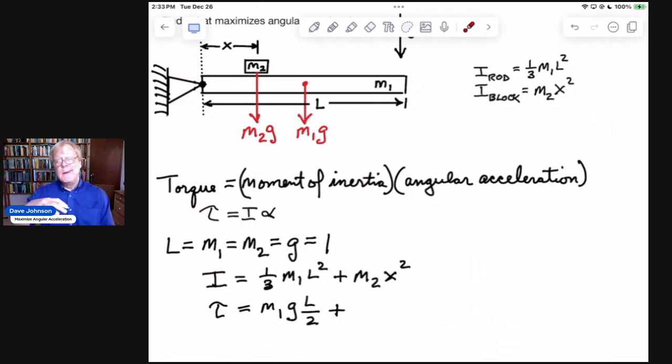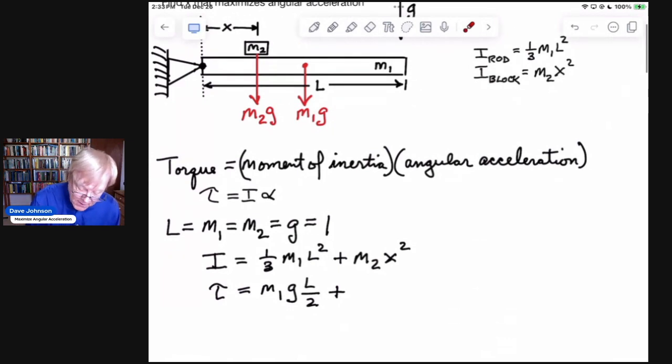Now, life is a little bit more complicated than that. When you take the physics course, you'll see what I mean. But for now, we can just write this as m2g times x, because x is the distance.